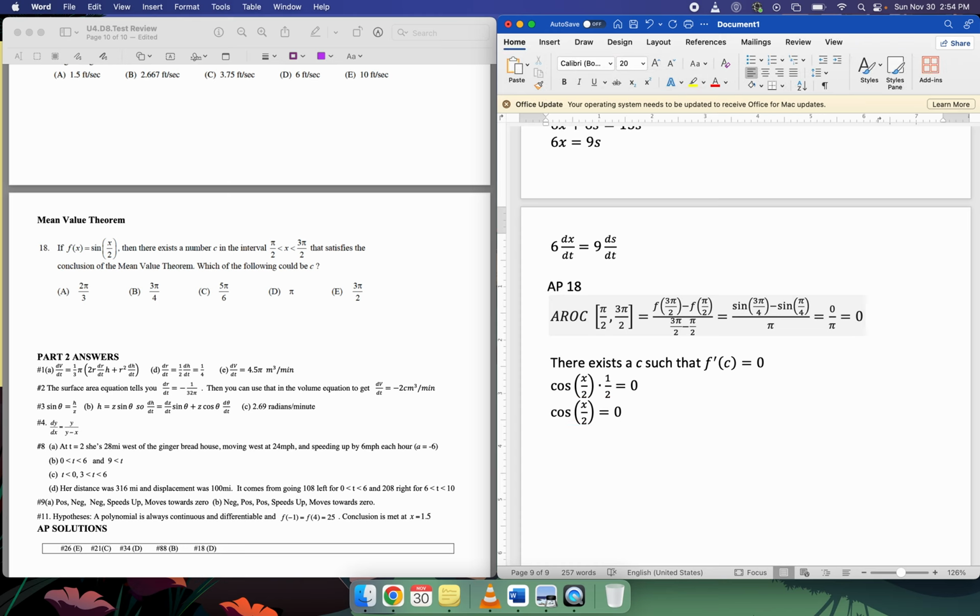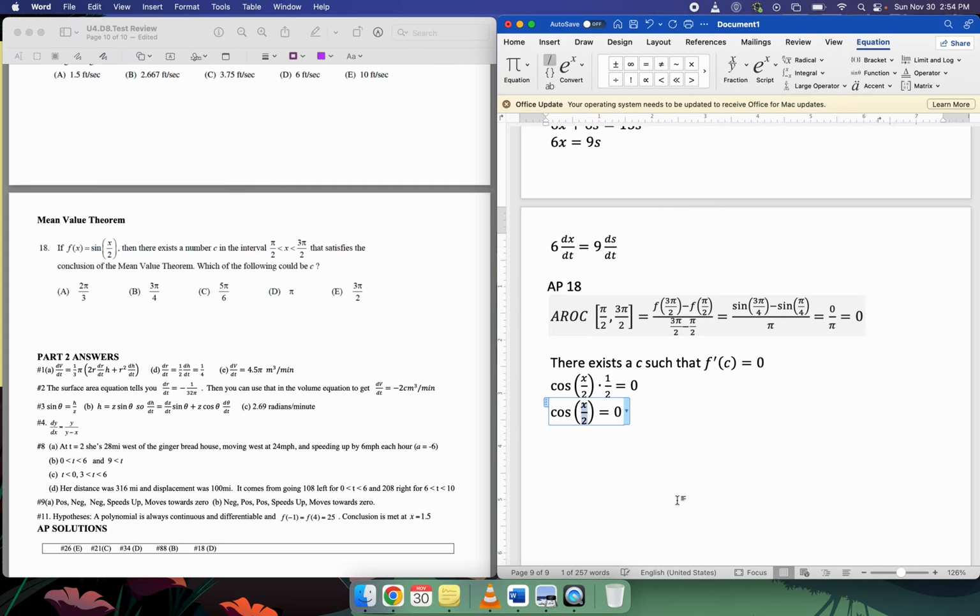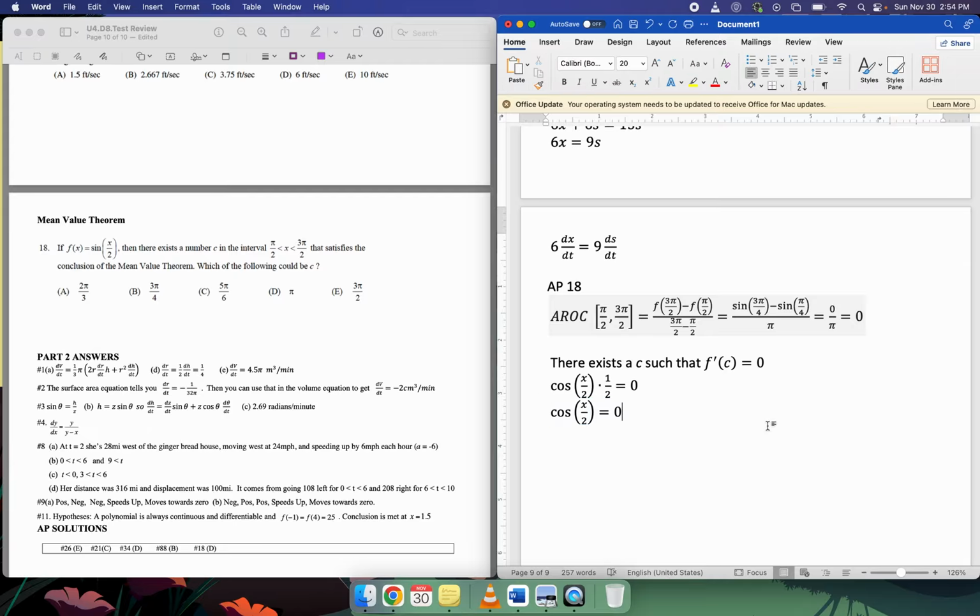You might wonder, how do I solve this trig equation? I wouldn't worry about solving the trig equation per se. You could just look at the answer choices and see which one works.